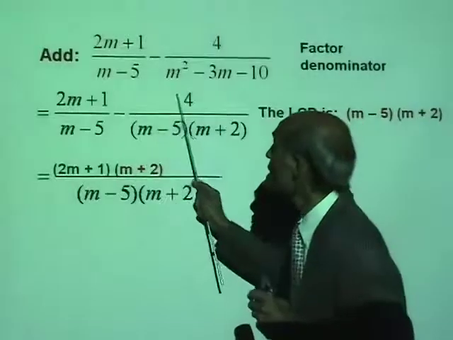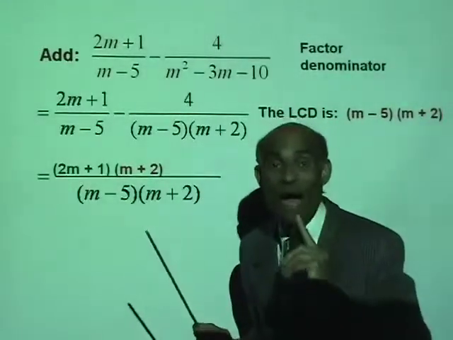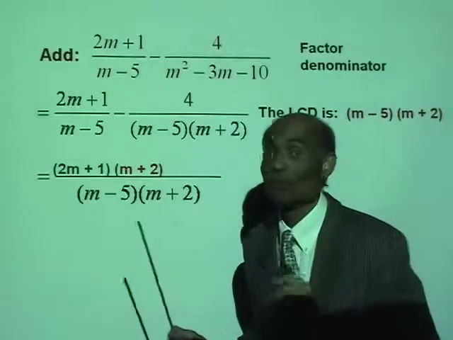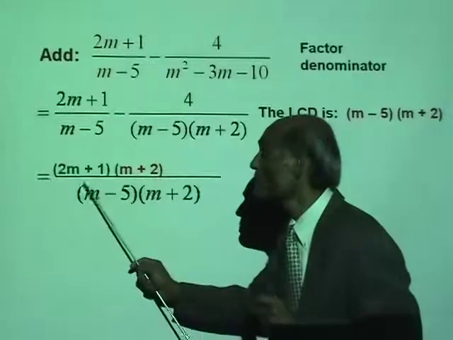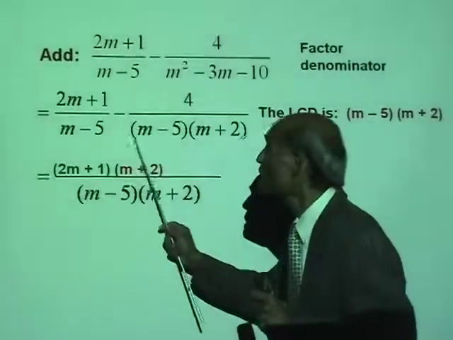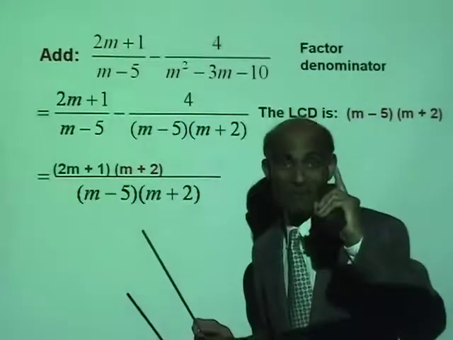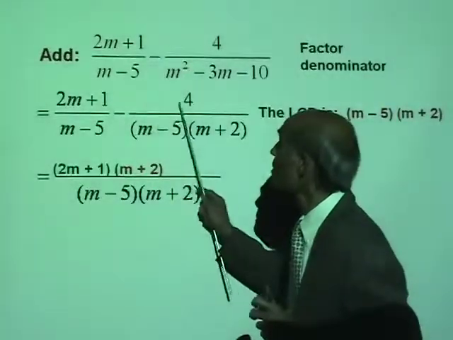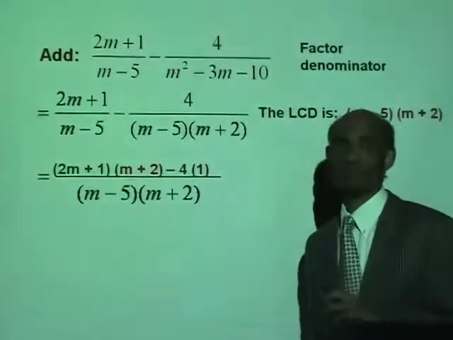So this negative 4 will be getting multiplied by 1. Why? Because no factors are missing. If you divide this LCD by this quantity, they are both the same, you get a 1. So this minus 4 will be multiplied by 1.